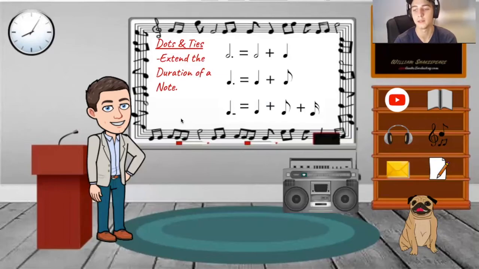All right, dots and ties. So you know how in pitches we talked about accidentals and raising or lowering by a semitone and how that changes the notes that we're given? We have a similar concept in rhythmic music with dots and ties. So this first one, we have a little chart of dotted notes.